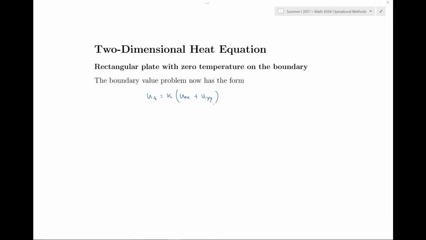Now, since we have two variables x and y, and now we're talking about objects in two dimensions, the boundary is going to be not just two points at two ends of a string or two ends of a rod, it's going to be a two-dimensional curve.